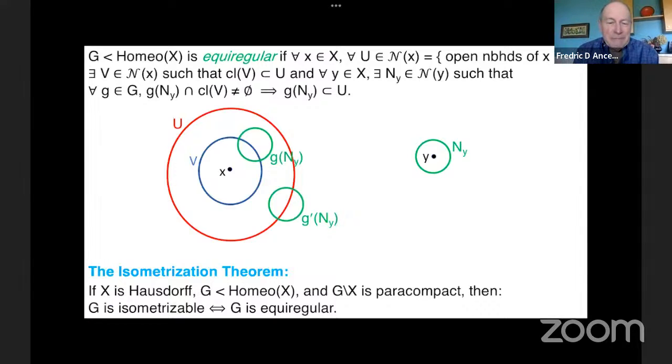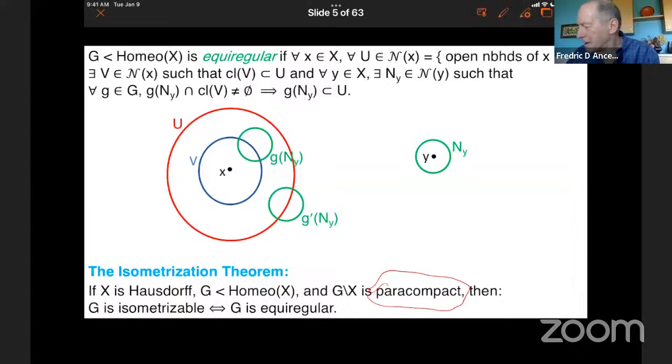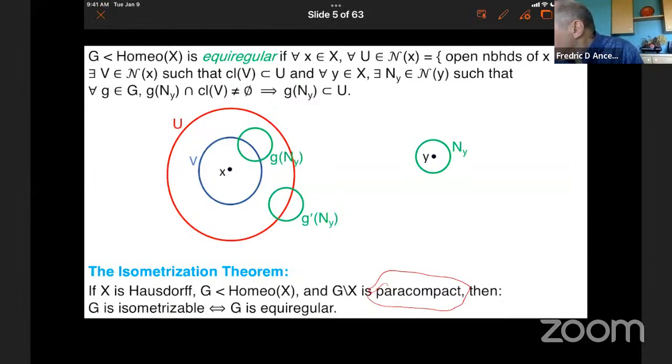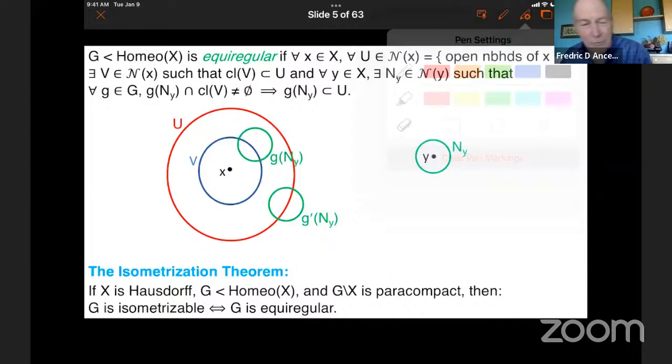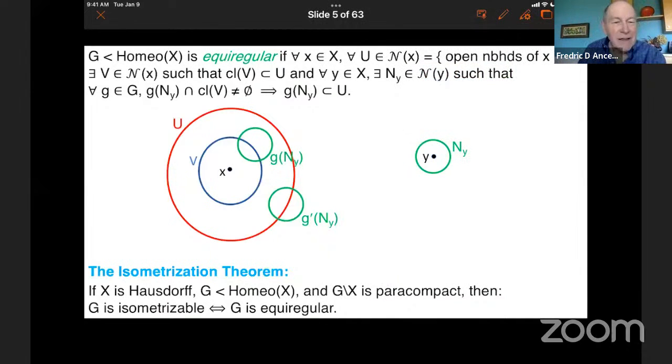And there are some interesting questions about why the paracompact hypothesis is there, and I have something to say about that later. But for the moment, I want to try to explain the ideas behind the proof of this.